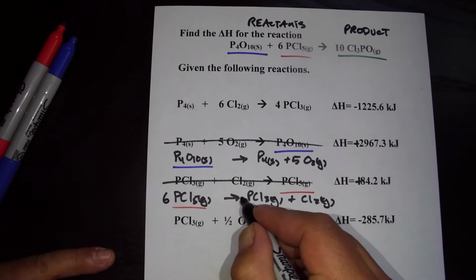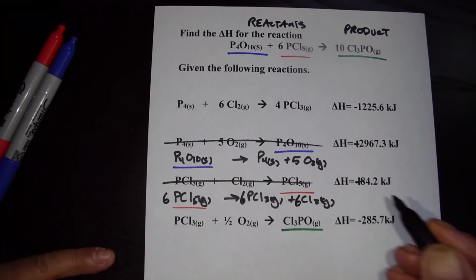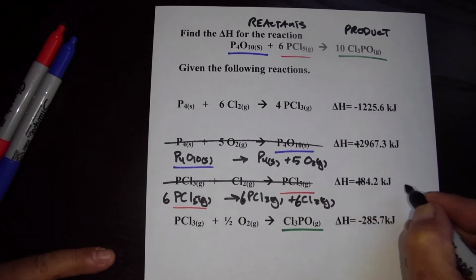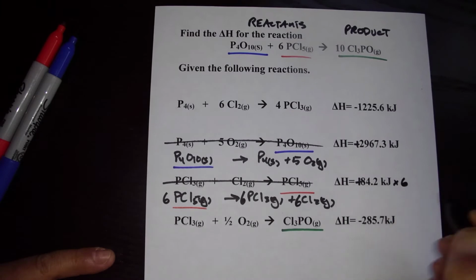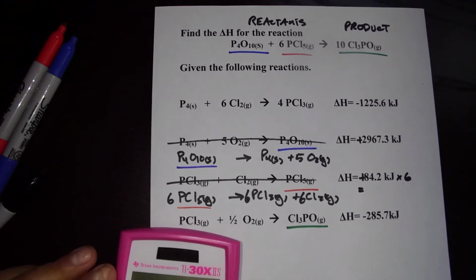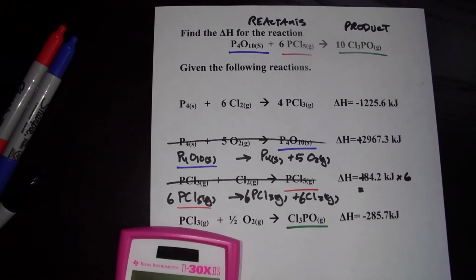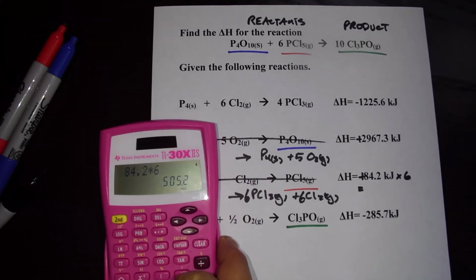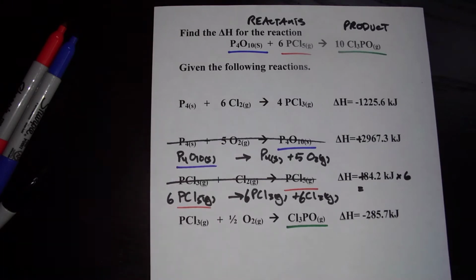So if I do a 6, a 6, and a 6, now what I have to do is multiply this guy by 6. So that's going to equal a new number, and I need a calculator. .84 times 6 gives us 505.2.